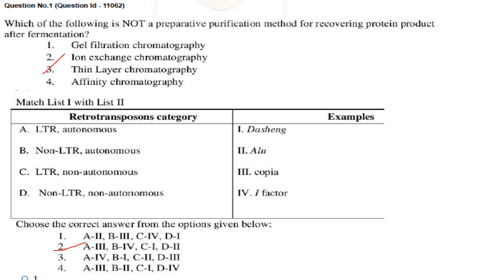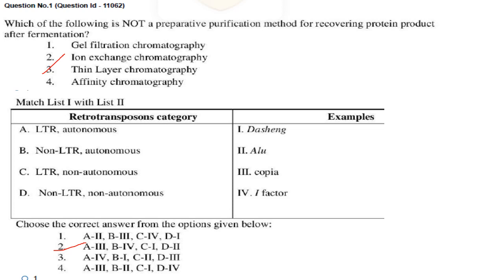That is, non-autonomous elements may lack the gene for reverse transcriptase that is needed for transposition, and they must borrow this reverse transcriptase from another transposon. So now we will see they have given examples of autonomous, non-autonomous, LTR and non-LTR ones. You have to match.